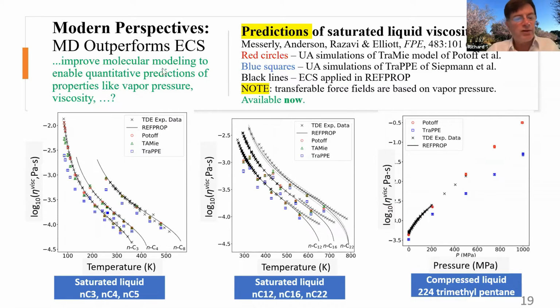And the two of these here are the Potoff force field and the TraPPE force field. And so what you see is the TraPPE force field, which does much worse for vapor pressure, also does much worse for viscosity. And so these are pure predictions of viscosity from the Potoff force field because viscosity was not included as a property in the characterization of that force field.